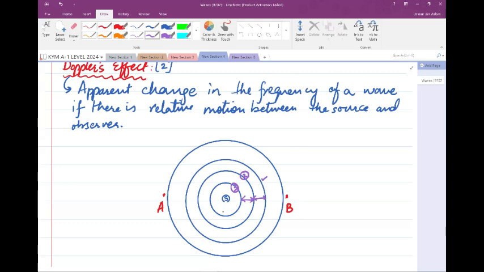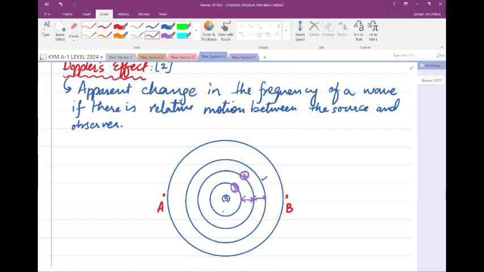Then when it vibrates once more, the third time, the source is going to create the third wavefront. All these wavefronts are moving in all different directions. But you can see at every position, the wavelength between these wavefronts is remaining constant.